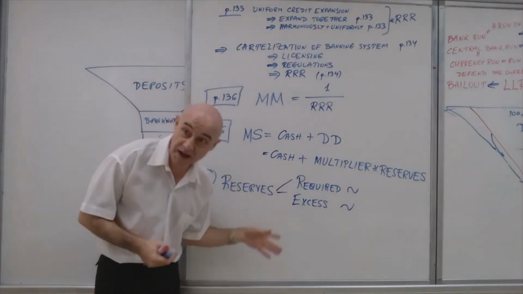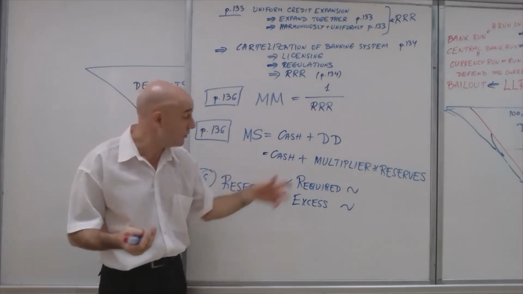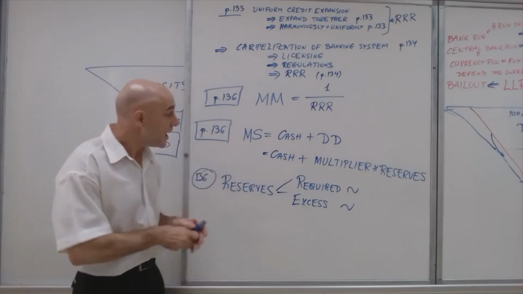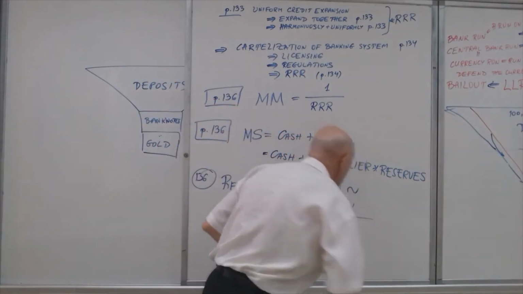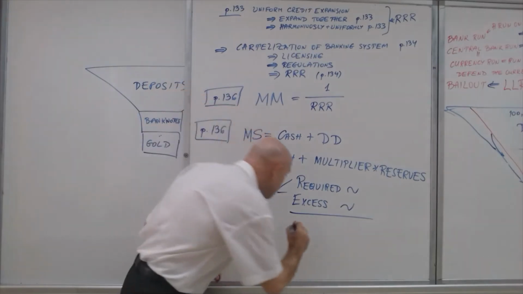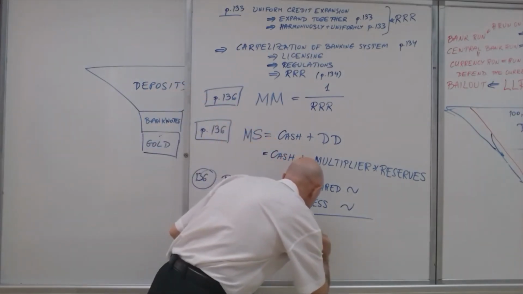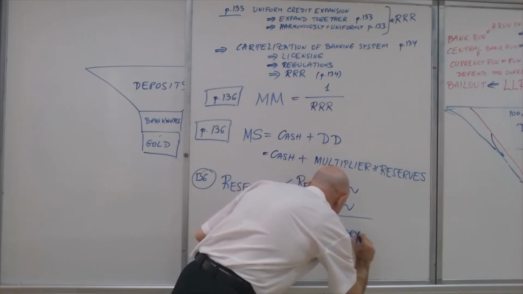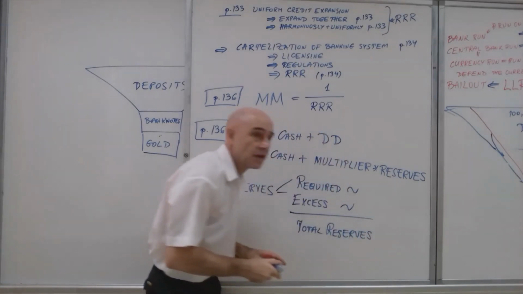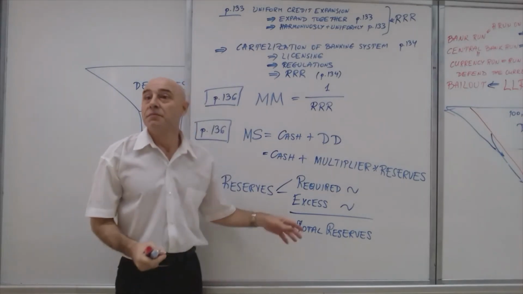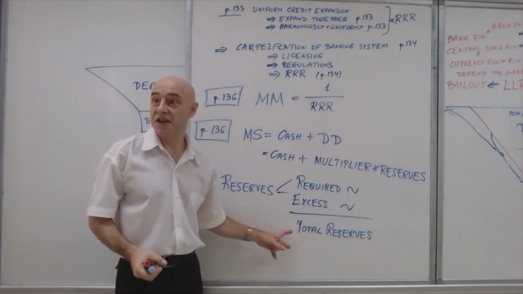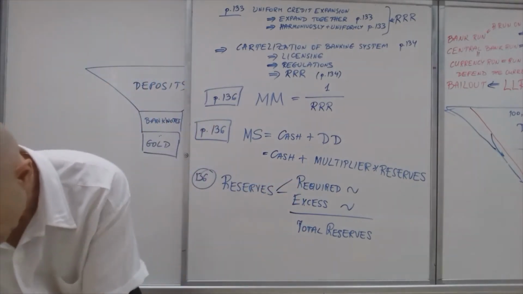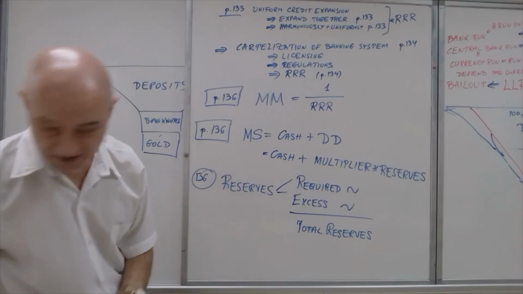If the minimum is 10 and they maintain 12, the excess reserve is 2. And now, we call the sum of these two total reserves. So the commercial bank maintains 12% total reserves, 10 required, 2 excess. Excess reserves, page 136.